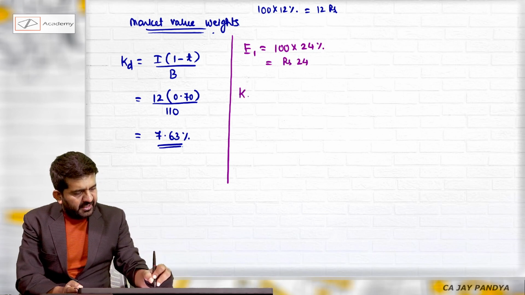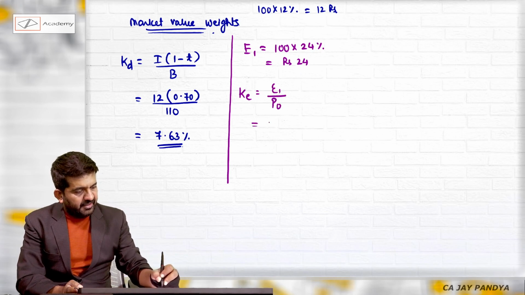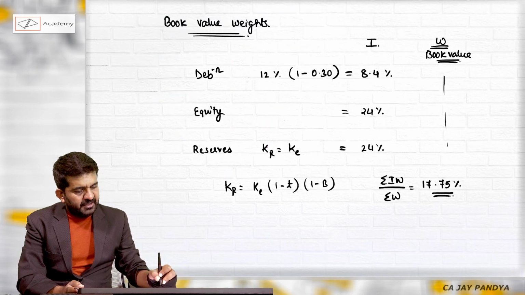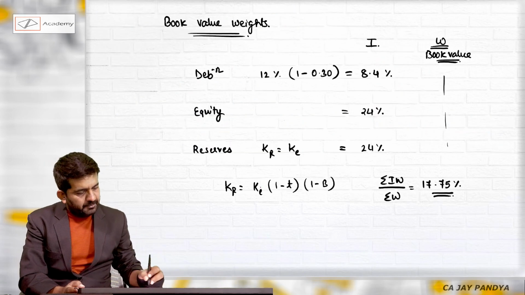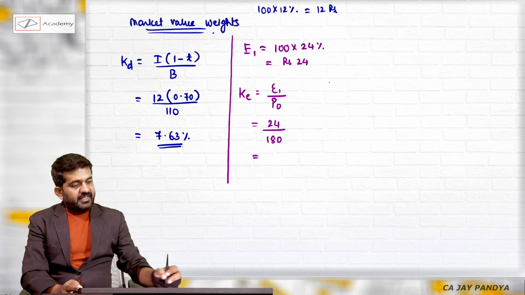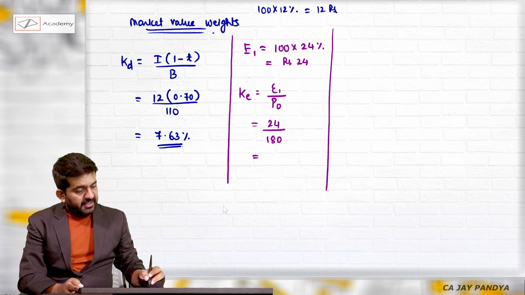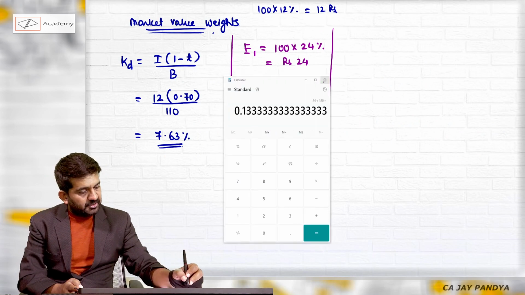And we are finding out KE by E1 upon P0 multiplied by 100. E1 is 24. P0, what is the price of the equity share as of today? It is 180 per share. My KE will be 24 divided by 180, which is 13.33%.